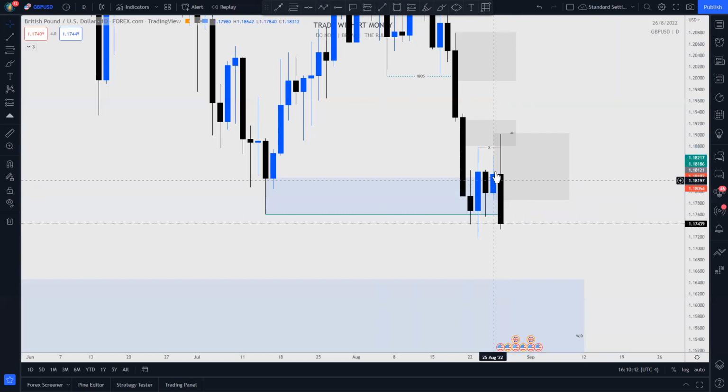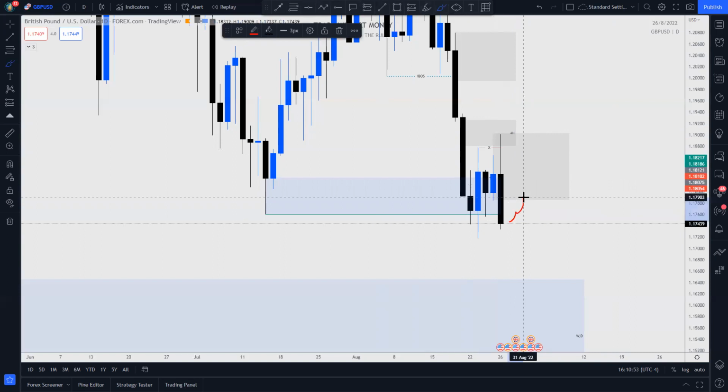I'm waiting for price. You want to see if price is going to come back and trade into the range of that bullish candle. You want to see if price comes back up here. It may touch here and just drop. It may go deeper to the midpoint, the 50%, the EQ of this zone, and then drop.